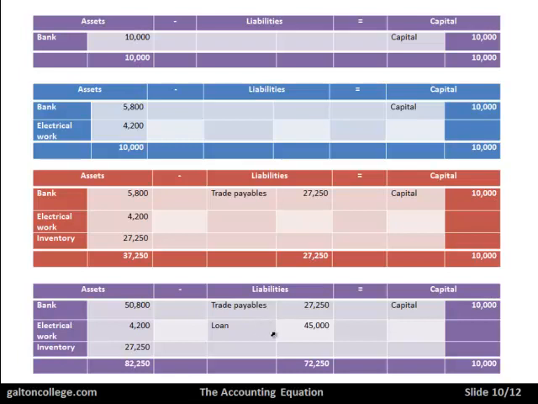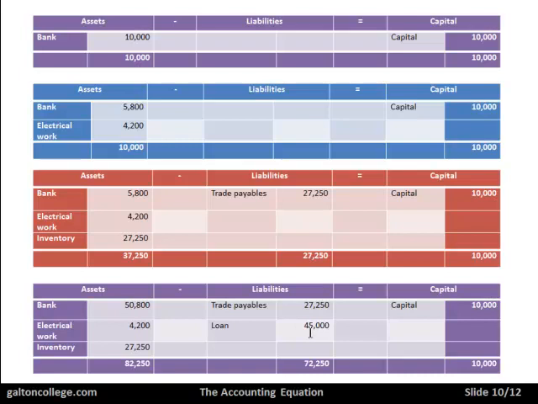He decided to get a loan because his debt here was getting a bit big, 27,250. He owes that and he has to pay it. So as a contingency, just in case he hasn't made any sales, he needed to borrow £45,000, which he did here. So his bank account, of course, has gone up now by 45,000. That's 45,000 plus the 5,800, which is 50,800.